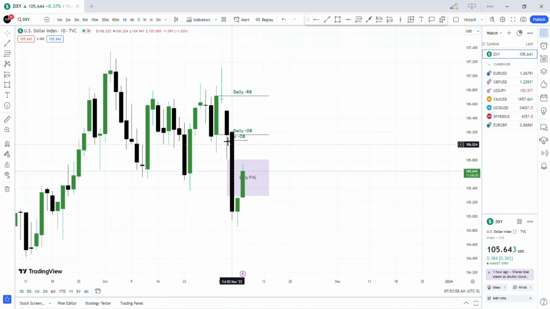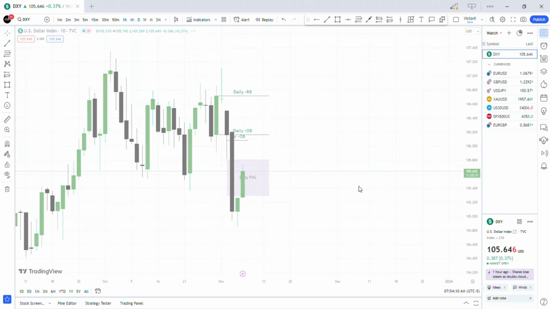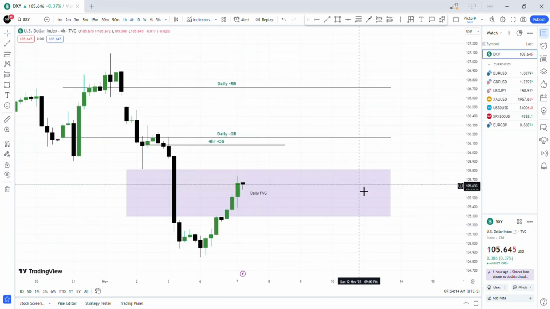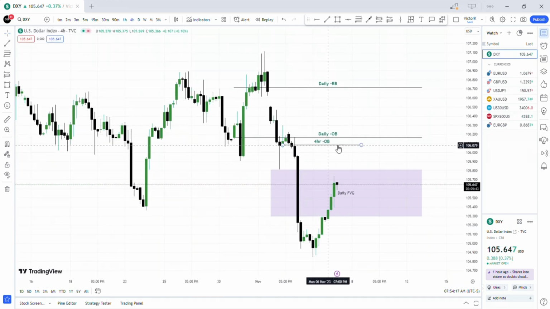The next thing we have here is our daily bearish order block and our daily bearish rejection block, which are the two areas I'll be looking for sales at. Now if we go lower to the 4 hour chart, you can see I've annotated a 4 hour bearish order block, close to the daily bearish order block as well.